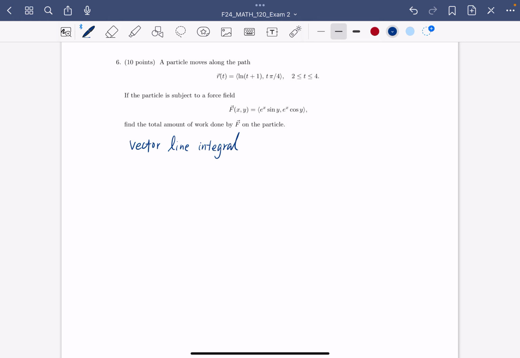And if we see a problem like this, the first thing we want to do is perhaps to find the curl of F. The curl of F is Q_x minus P_y, which is e^x cosine y minus e^x.